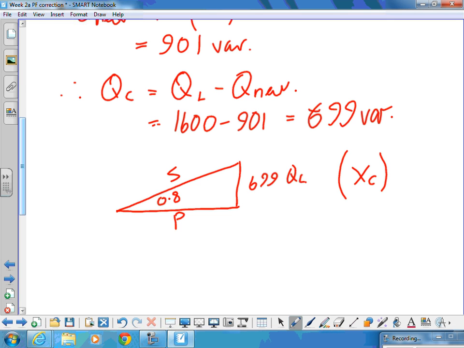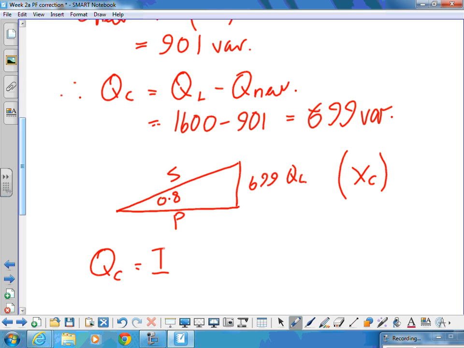What are other ways to find what is effectively a power? Yeah, we've got three ways we can get QC.